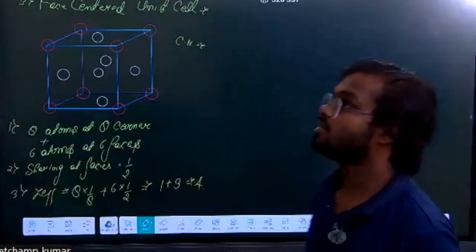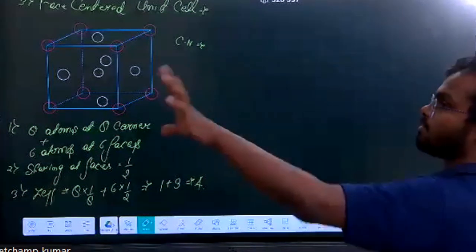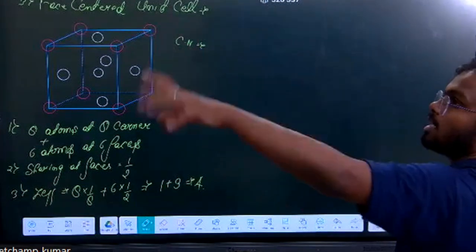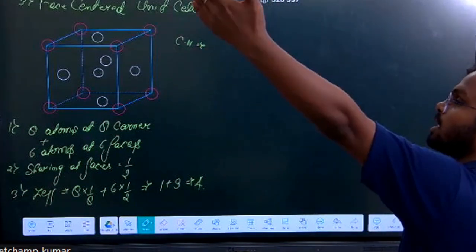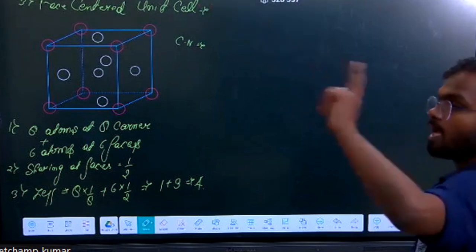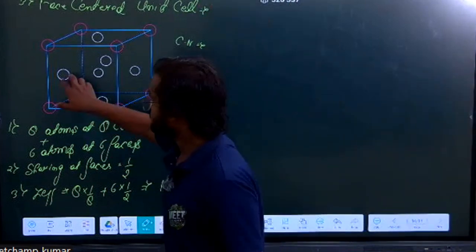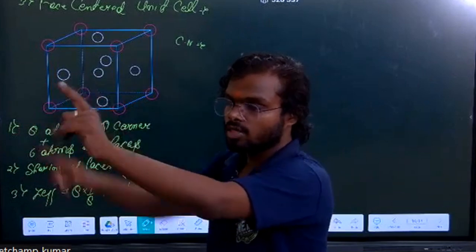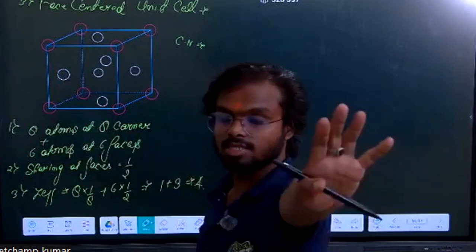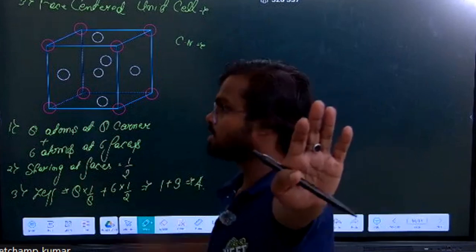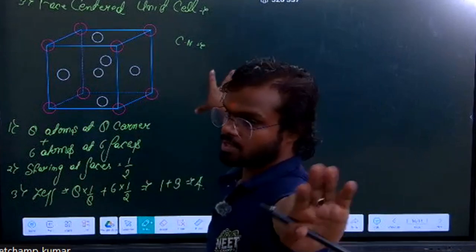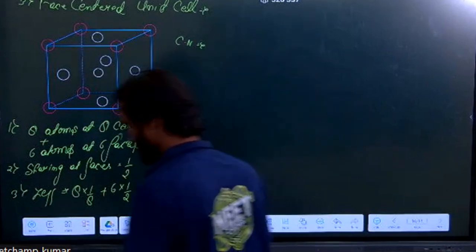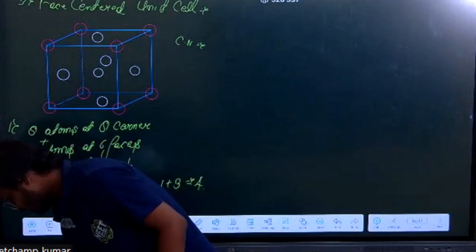So what I'm trying to say, this atom is touching the 4 corner atoms of this room and 4 corner atoms of that room also. Let me try to explain properly.